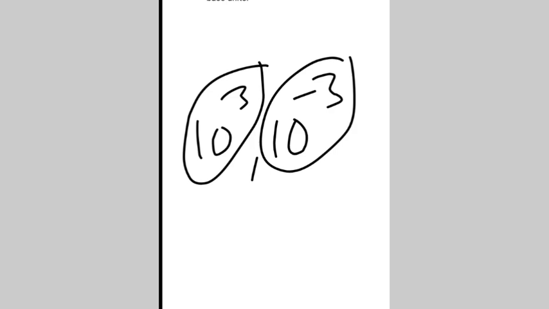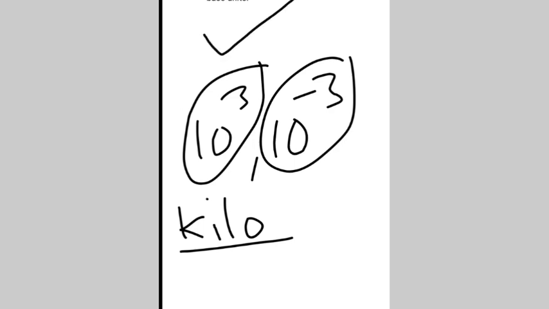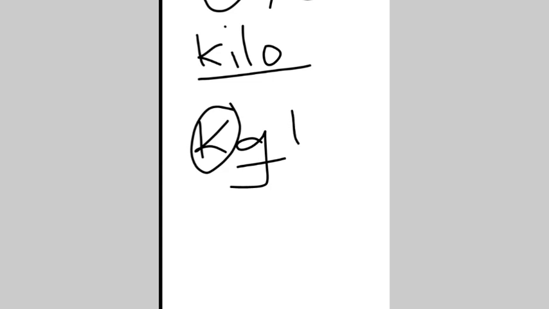So if we have a term which has power of 3, this term is called kilo. So whenever you see the word kilo, what should come into the mind is that that unit has 10 power 3. For example, let's say we have kilogram. Since there is the word kilo here, it means that whatever unit is here has 10 power 3 times of this figure here.